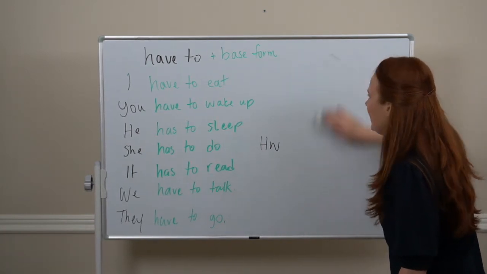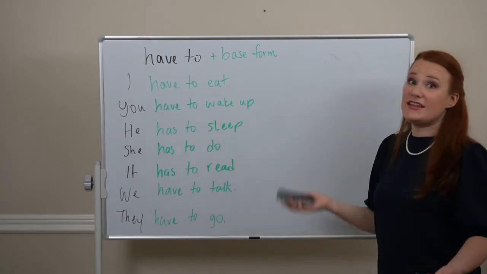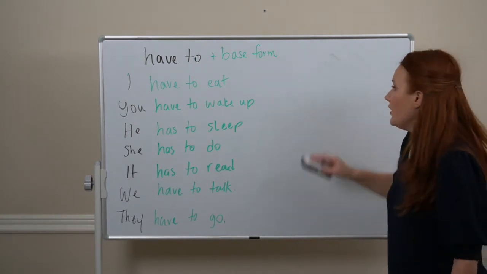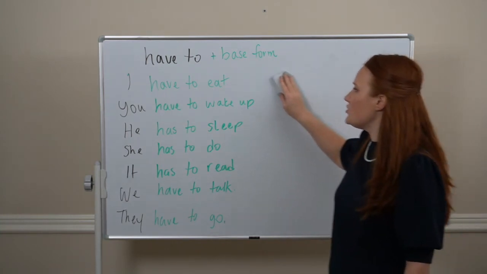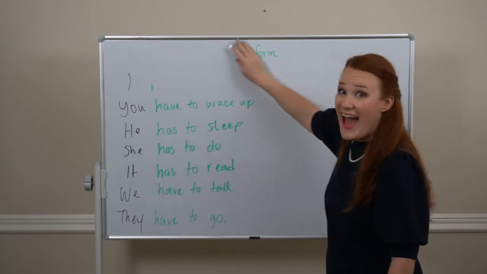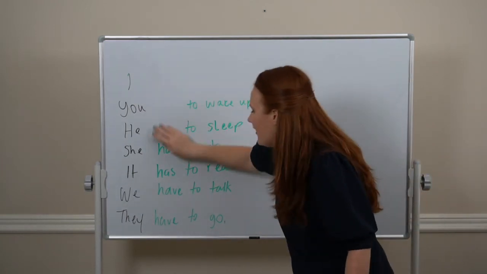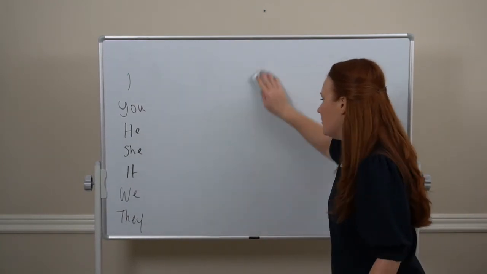All right, let's talk about the negative form, okay? So, have to is not an auxiliary verb. So, we have to add our auxiliary verbs do or does.